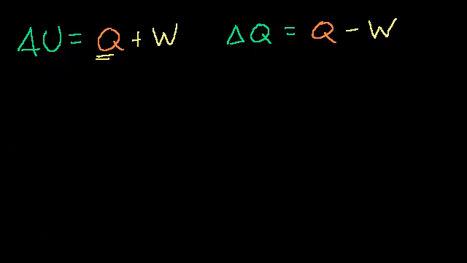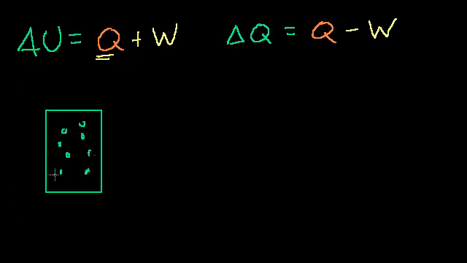If I have some system here, some particles in some type of a canister, and it's at temperature, let's say, T1. I'll even give it a measure. Say it's at 300 Kelvin.